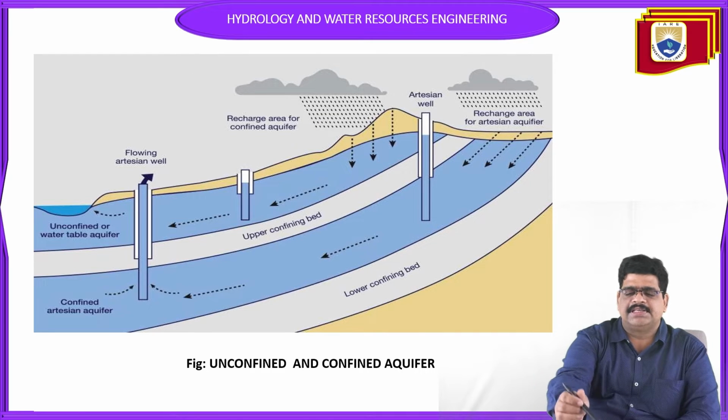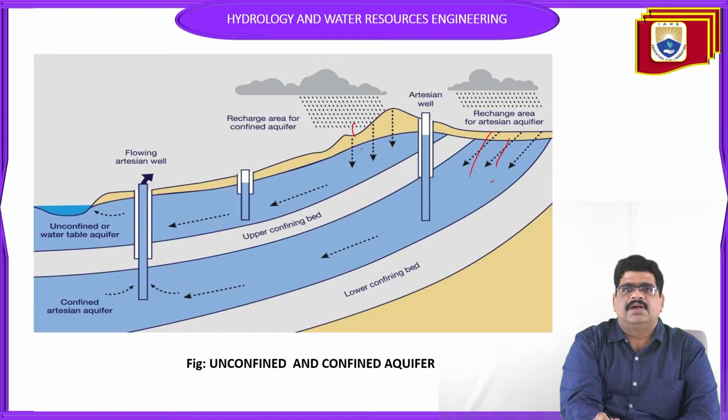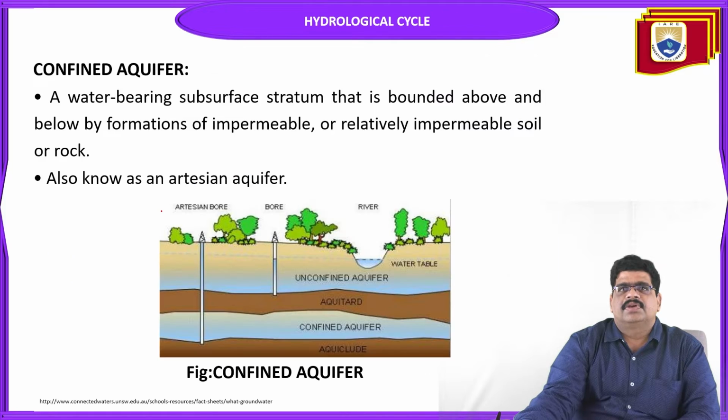The water can be recharged from the catchment area, and the artesian well, upper confined aquifer, lower confined bed and confined artesian aquifer. Flowing unconfined aquifers are the water table aquifer, the recharge area of the confined aquifer, and the recharge area of the unconfined aquifer.